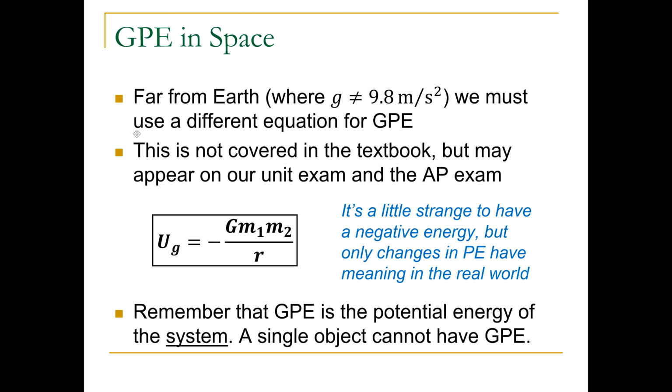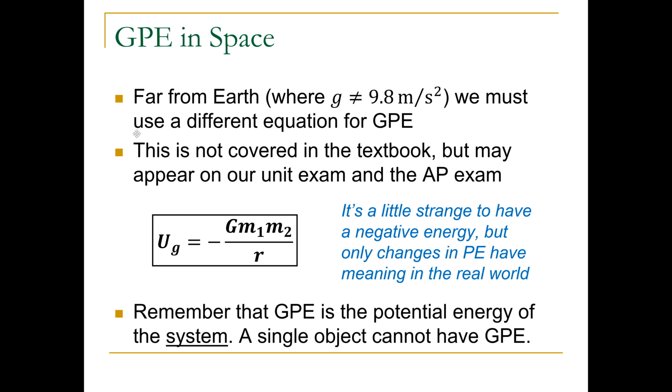There's a separate equation to calculate gravitational potential energy out in space. That's because we can't really use mass times gravity times our height if gravity is not constant, if it's not staying at 9.8. So we have to use a different equation. And you may see this equation and say it looks a little familiar because it's very close to Newton's universal law of gravitation.